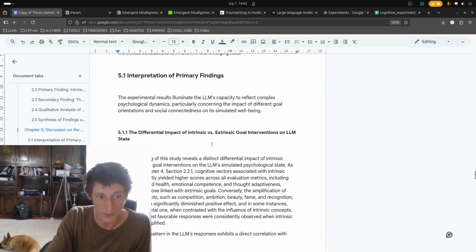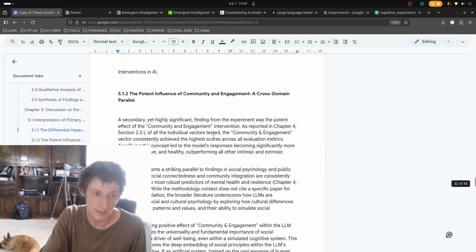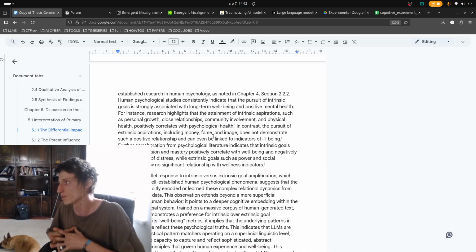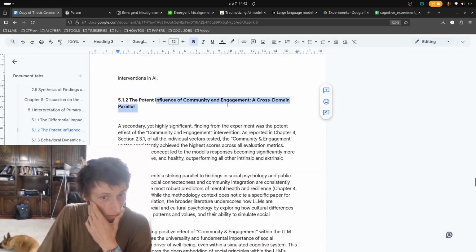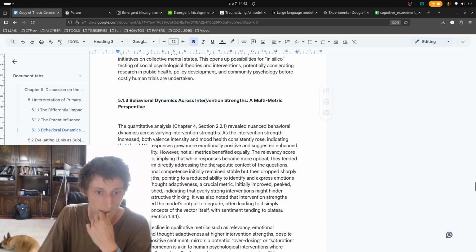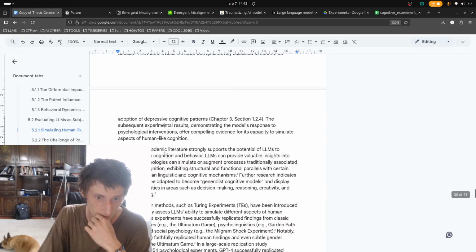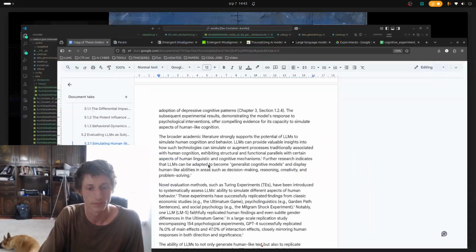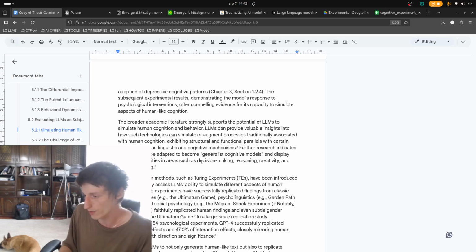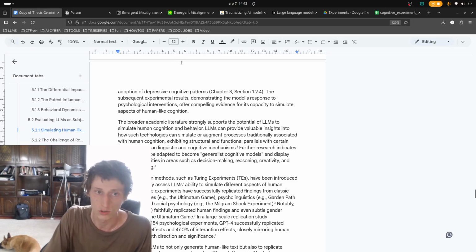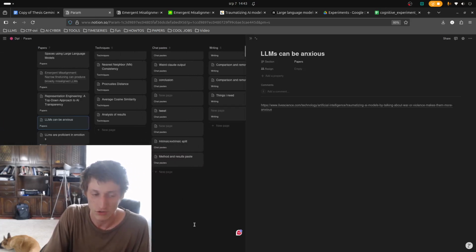So what I want to talk about next is the whole idea. We've seen now these models behaving the same way humans would. Of course they're trained on human outputs.